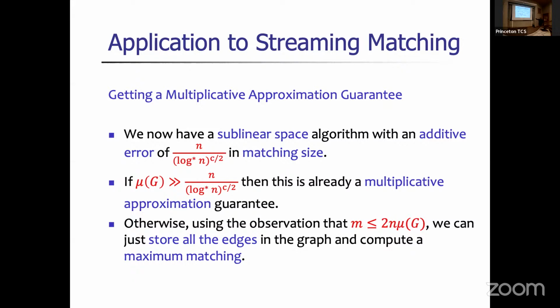But if not, then I know the number of edges in my graph is bounded by 2n times the size of the largest matching. So if the largest matching was not too large, I can simply store the entire graph. It will take n squared over polylog star n space, and I'll compute the exact answer.